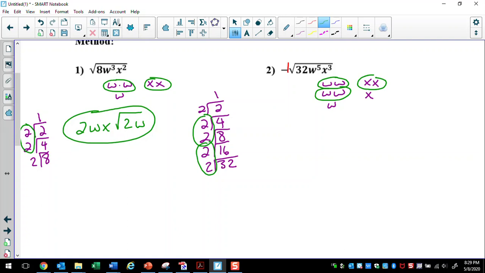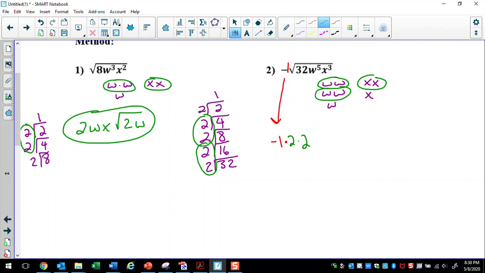Alright, so now what do we do? Well, let's not forget about this negative 1. So this negative 1, I'm going to bring them down. So negative 1 times. Alright, what else are we pulling out? Well, we're pulling out 2 2's. So I've got 2 times 2. And one 2 to represent each pair.